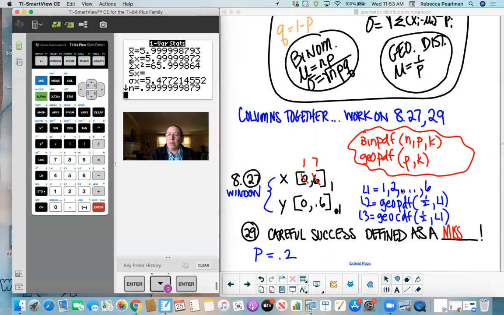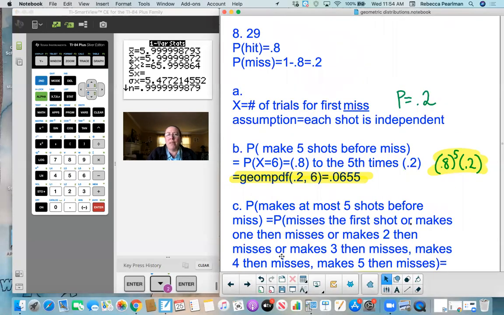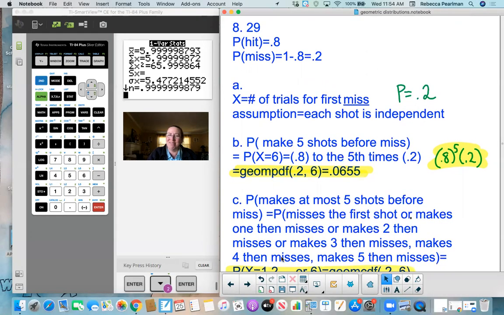And here are the hints on how to build it on your calculator. If you hit zoom 9, you get a weird bar width. And for 29, they flip. A success is actually a miss. So that gets a little bit confusing. On an assessment, rarely would you see something that makes you switch success with failure. And we'll take a quick look at 27 and 29.